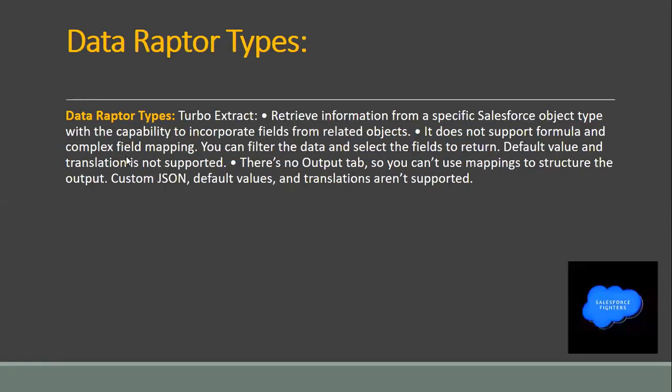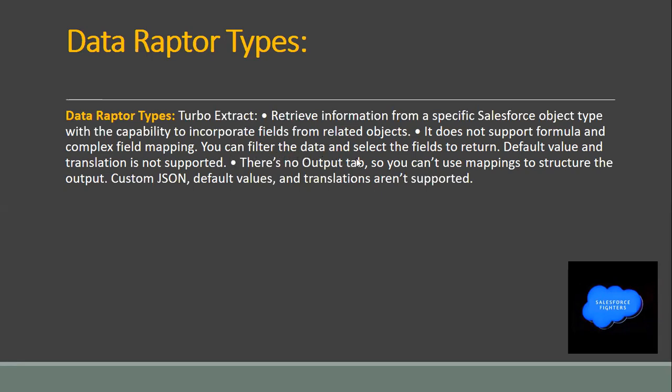Next, data reporter types. Turbo Extract retrieves information from specific Salesforce object types with the capability to incorporate fields from related objects. It does not support formula and complex fields mapping.